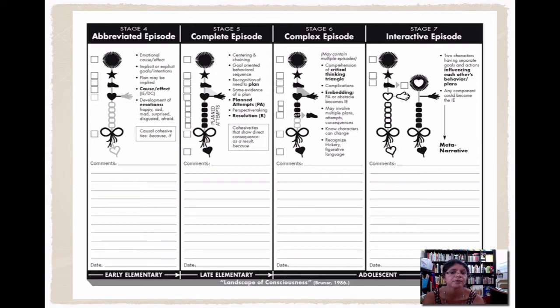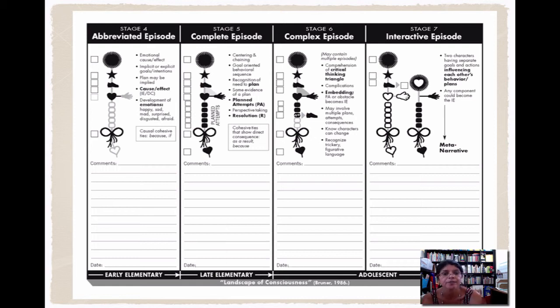Stage 5, a little bit more detail. Now you have the planned attempts. So not only do you have the character, setting, kickoff, the feelings, the plan, but now you have specific actions in the middle filled out with the tie at the end, and then additional feelings as a direct consequence of what went on.